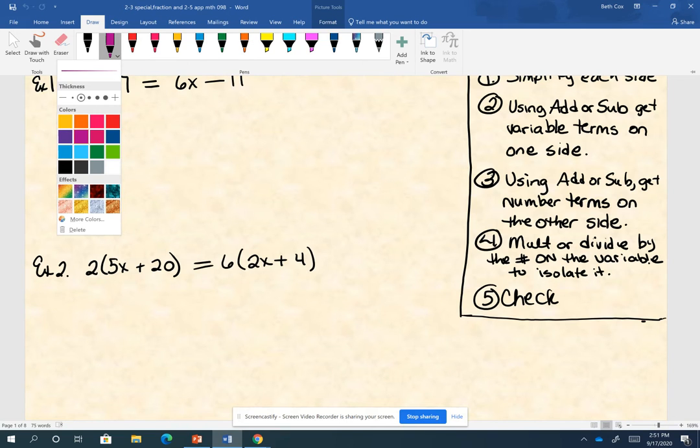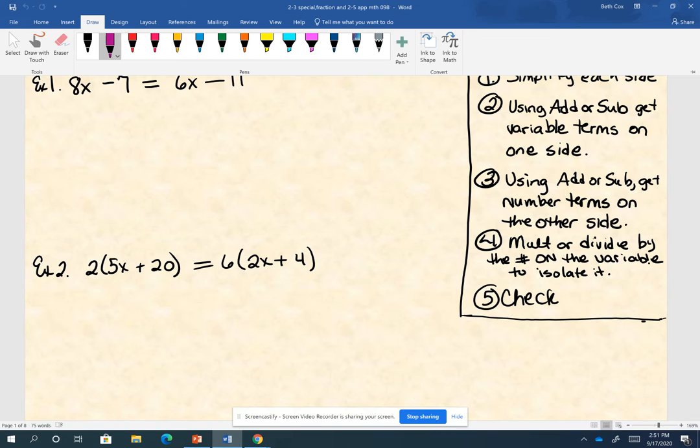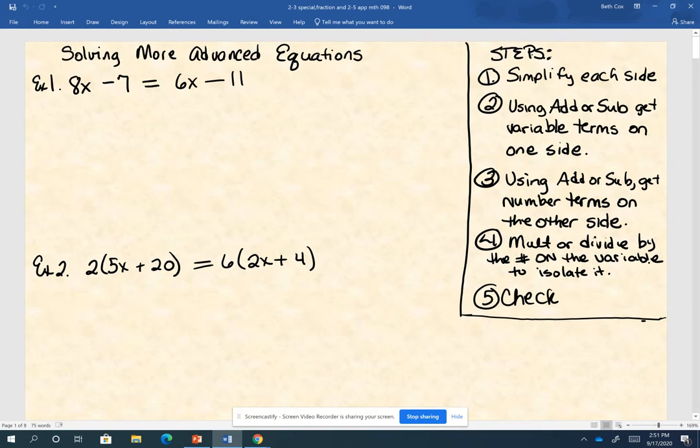All right, this first equation. Step 1 says to simplify each side first. Well, these sides are simplified, so we get to skip step 1. Now we're going to go to step 2. Using add or subtract, get the variable terms on one side. I like my variables on the left.